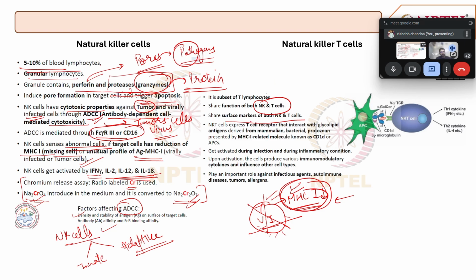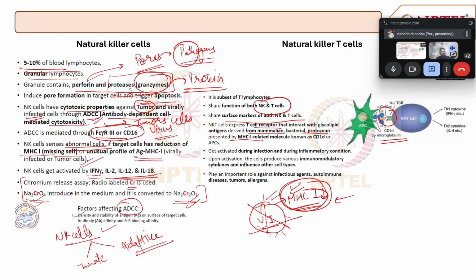These cells express a T cell receptor that can interact with the glycolipid antigen derived from the mammalian, bacterial, protozoan sources, presented by the MHC1 related molecule known as CD1D on APCs. So they have the CD1D microglobulins, and they have a T cell receptor kind of structure.